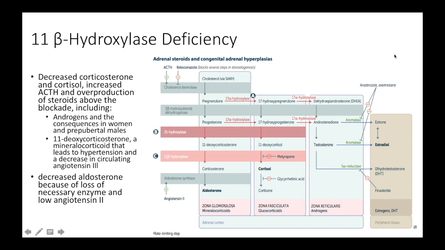Okay. And last we have 11 beta hydroxylase deficiency, and that would be this guy right here, and another horizontal cut.